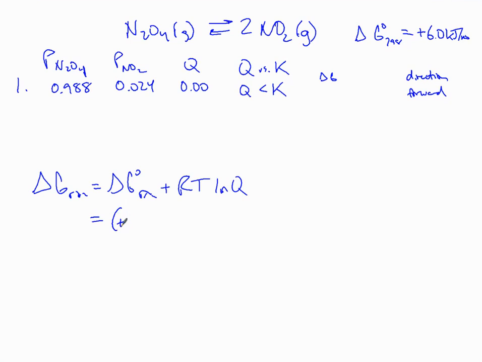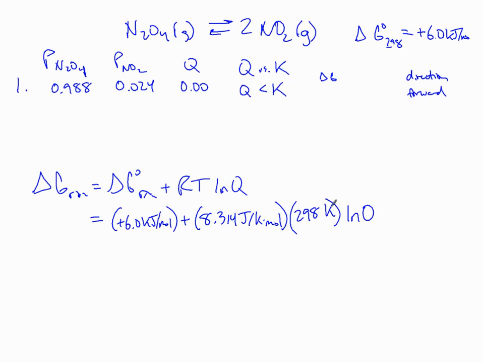This one's positive 6. R, we're using 8.314 joules per Kelvin per mole. They gave us the Kelvin temperature, it was 298. And the natural log of 0. But you can't take the natural log.